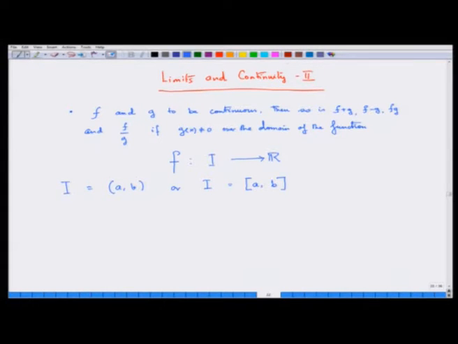So, the range of f is called the image of I, f of I, which is the set of all f of x in R such that x belongs to the interval, either closed or open, does not matter.